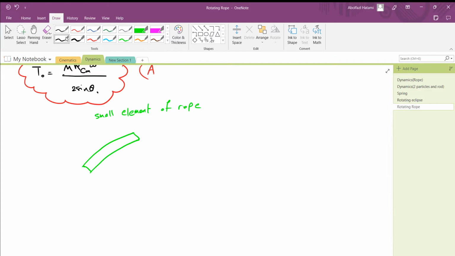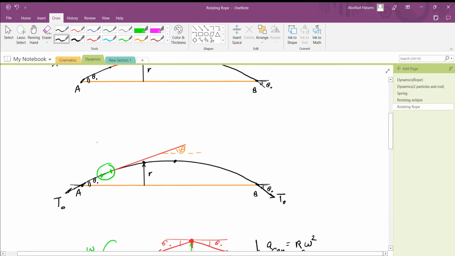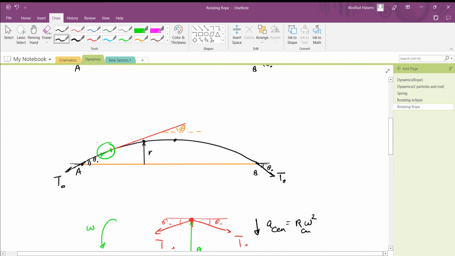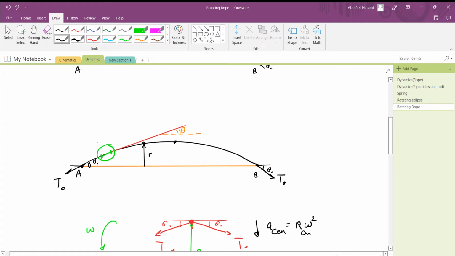Now consider that we have an x-axis, and here is x, and here is x plus the differential of x, which is dx.